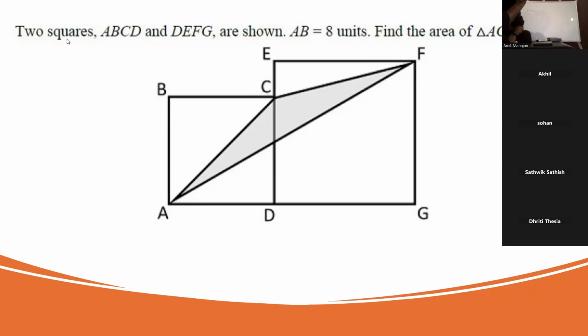Now, Satvik, tell me the coordinates for B. 0, 8. 0, 8 is totally correct. Can you please explain it to your friends how you got 0, 8? Because it's a square, right? And it's just 8 units up vertically. Excellent.